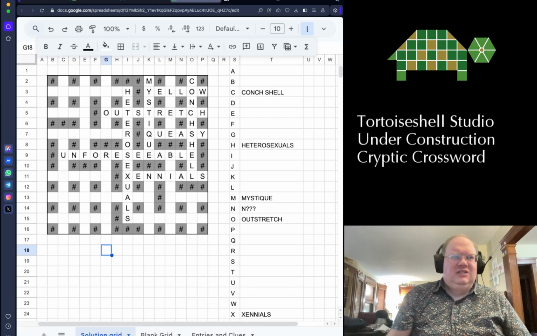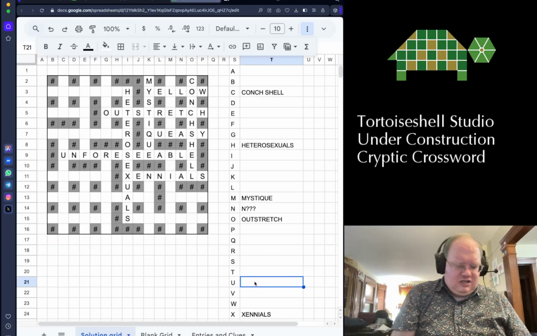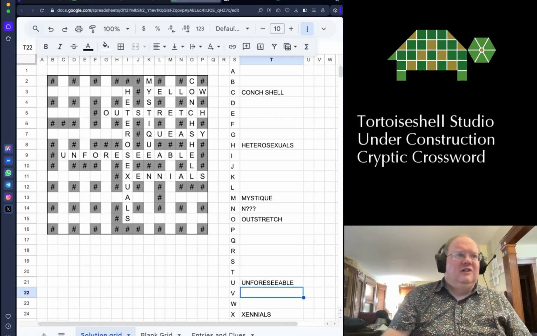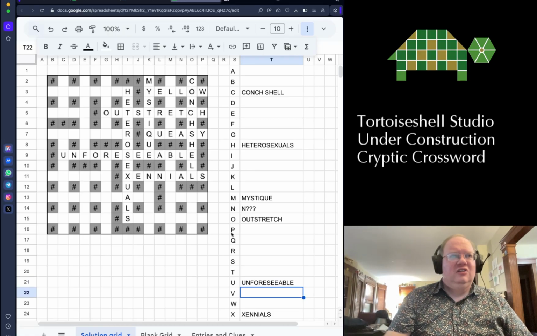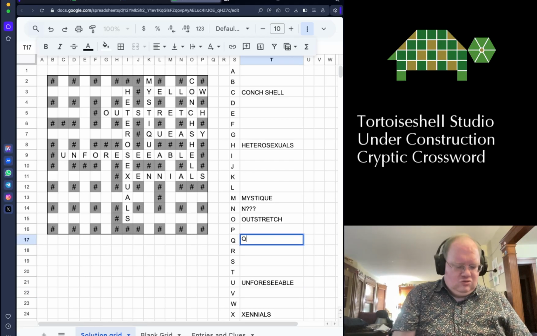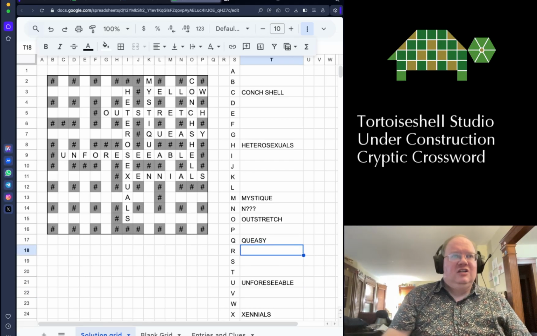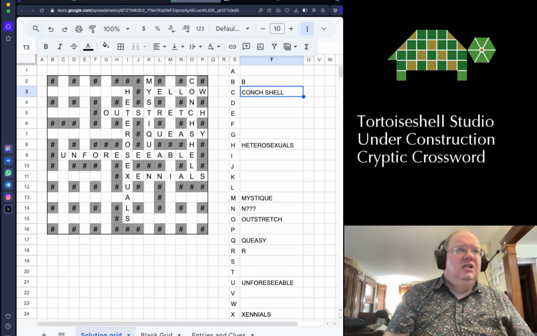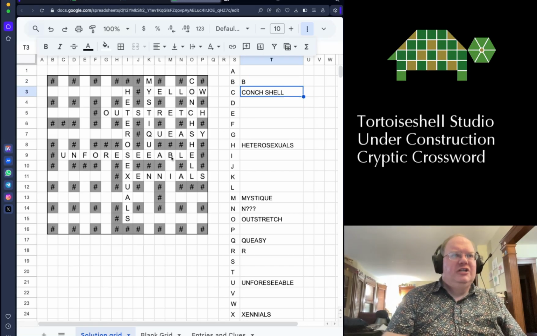And then, all right, unforeseeable it is. Oh, quarry has become queasy. Oh, I see that we now have an R and a B that have been determined. Beyond, they're both pretty open.